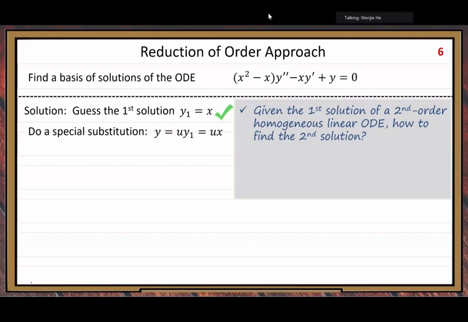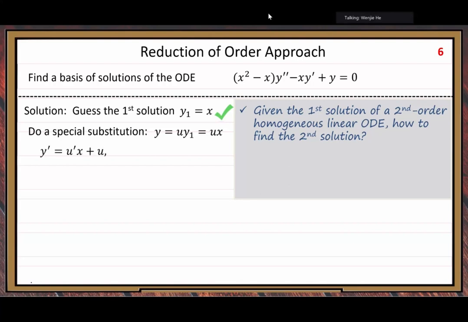Whatever the ratio is, we just take that as u. So here, u times x. Because when we take this form, we have a chance to bring down the order of the original ODE.